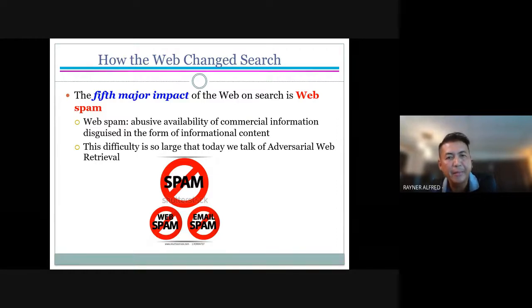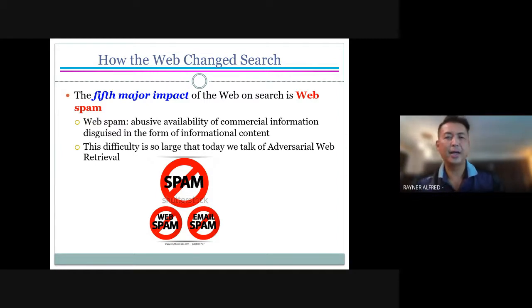And the fifth major impact of the web on search is web spam. So if you visit looking for a certain free item on the web, they will attack you with all the spam, web spam. Okay, so suddenly in your browser, there are a lot of pop-up menus that you have to disable or close.